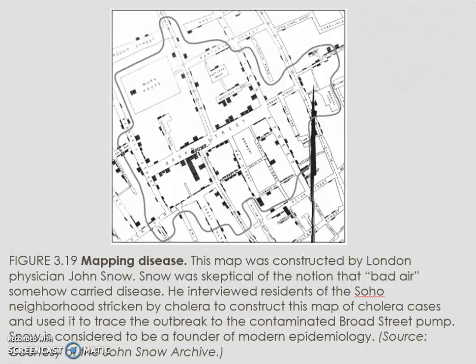So essentially, where the contamination was introduced into the water system, it was able to be determined where that happened because it was the highest part of the water system of where the water flowed to the people in London.